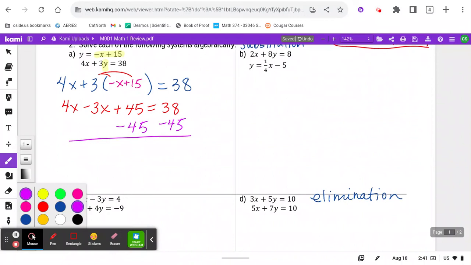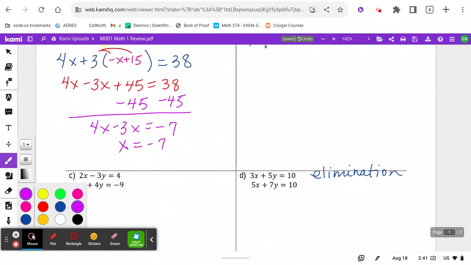Then over here, we've got 4x minus 3x. And then grab a calculator, but what is 38 minus 45? Even if you can do that in your head, you might want to double check yourself. Give yourself a calculator backup answer. I'm getting negative 7 there. So then 4x minus 3x is just 1x equals negative 7.